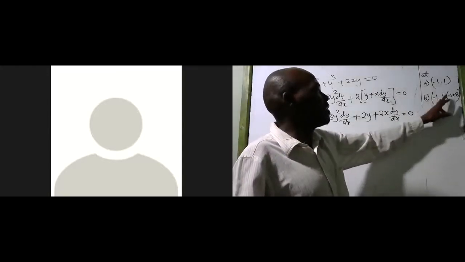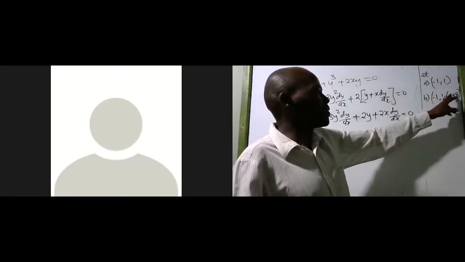So we also need to find the tangent to this curve at this point. That is -1 half bracket -1 plus √5, like that. So it means that where there is x, we substitute with -1. Where there is y, you put this value there. And for us to be very accurate, we need to use the calculator.